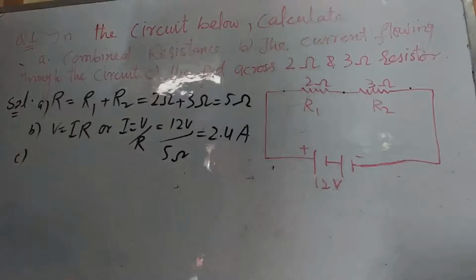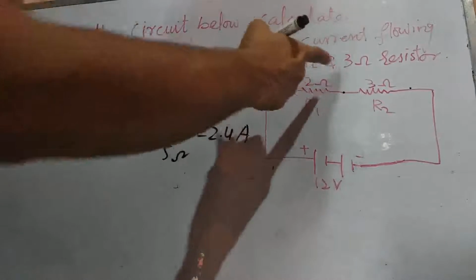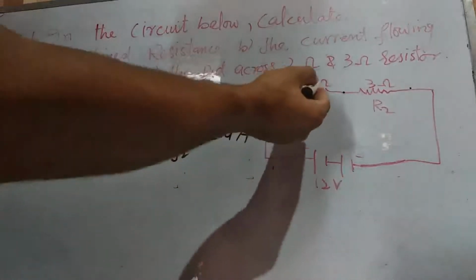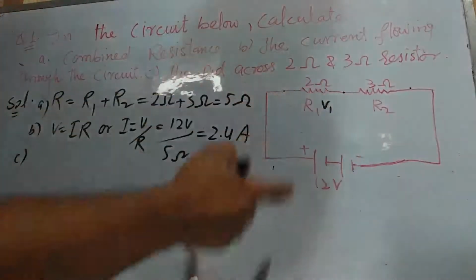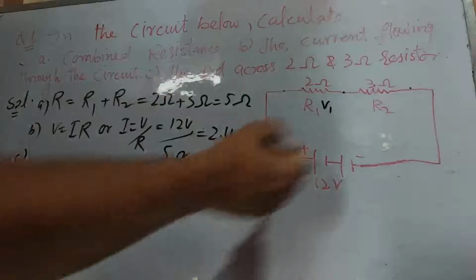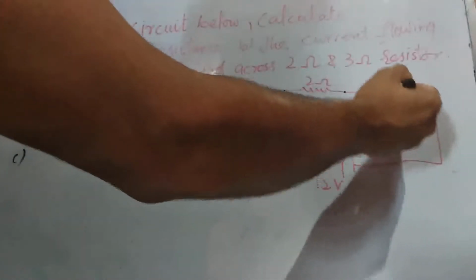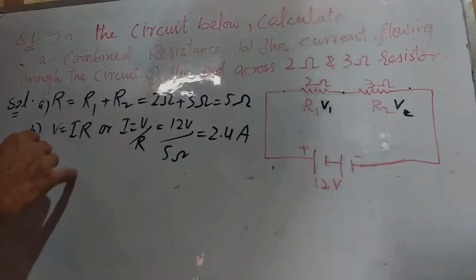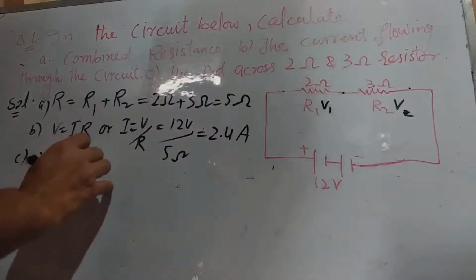And C part is the potential difference across the 2 ohm and 3 ohm resistor. Let it be V1 the potential difference, and let it be V2 the potential difference, across R1 and across R2. So we know that the net potential difference V is equal to V1 plus V2.